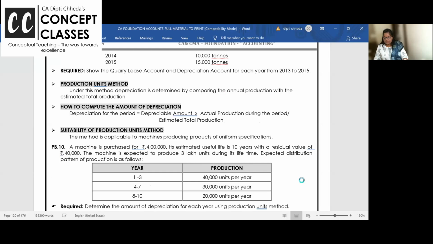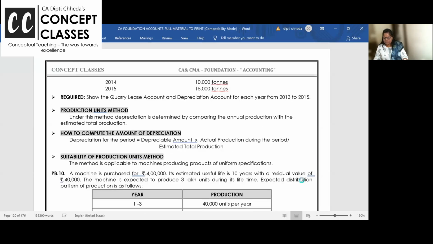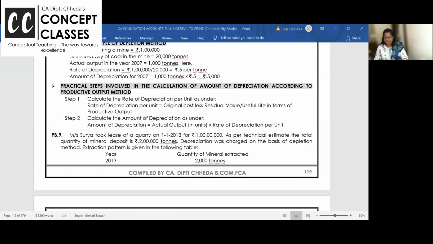Yesterday we worked out the problems for production. The 9th problem is the one we did last.